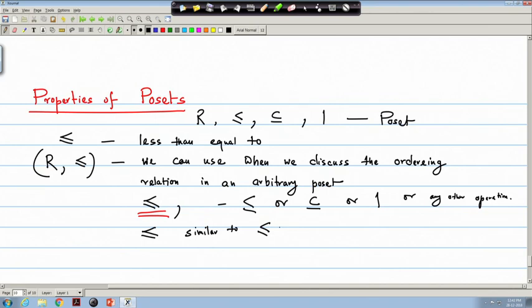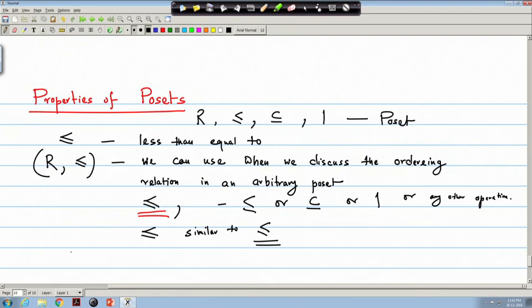Because posets are very easy to understand with the relation, that means an ordered set, and that is why it is a similar type of notation. So, from now onwards we will be using this notation to represent an arbitrary poset, and we will also use the term less than or equal to, but we must note that this is not always less than or equal to, it can be any other operation regarding one arbitrary poset.